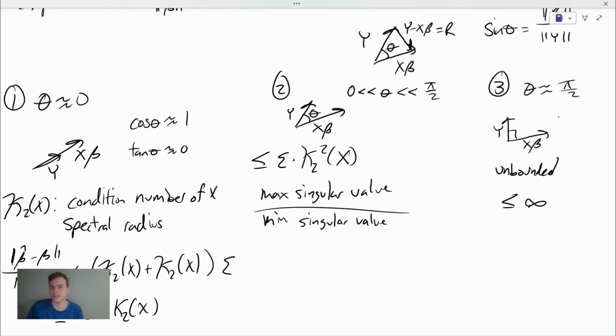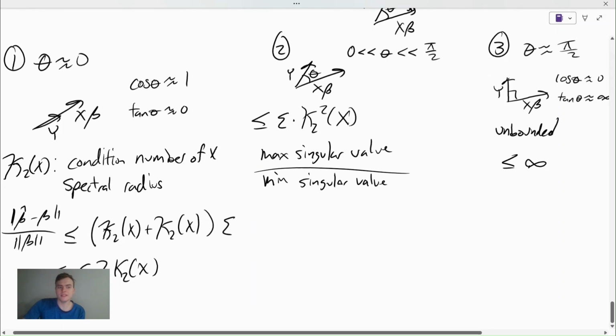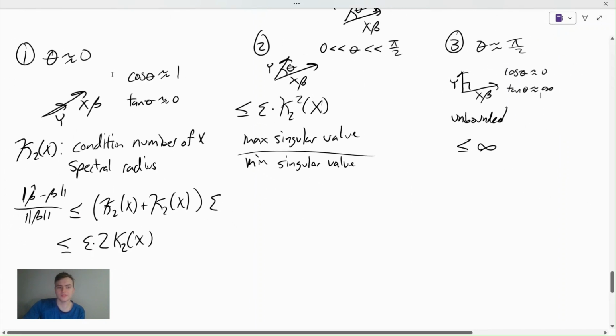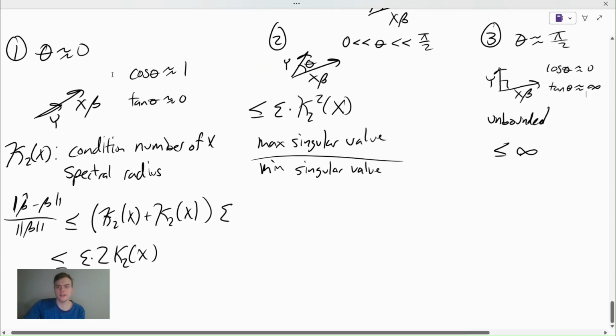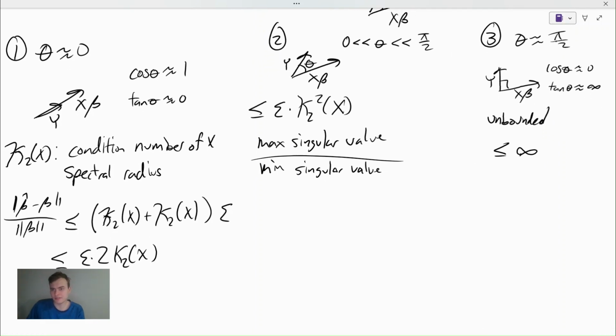And then in this case, we have cosine of theta about 0, right? And tangent of theta is approximately infinity, right? So we want some combined expression that is sometimes infinity when we have this ill-conditioned case, is sometimes 2k2x when we have this very well-conditioned case, and other times is a mixture between them.